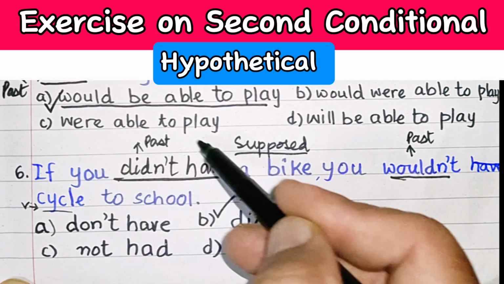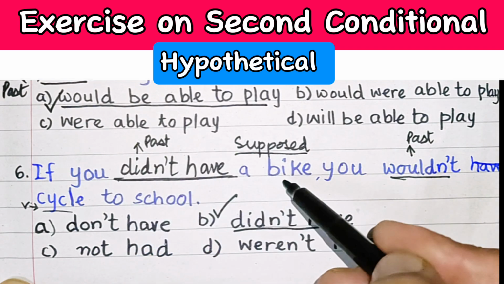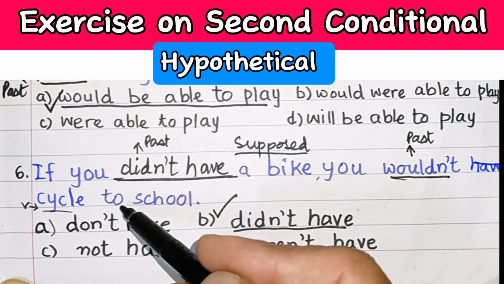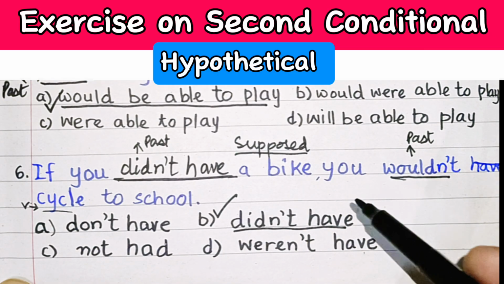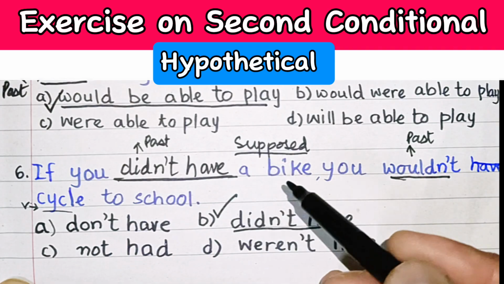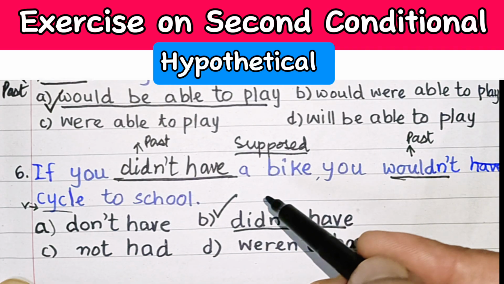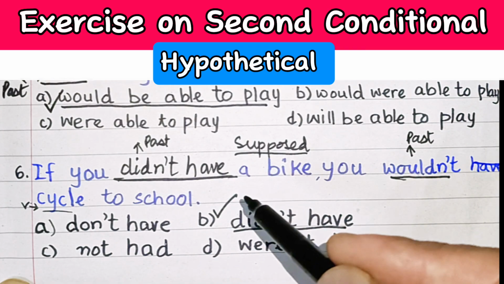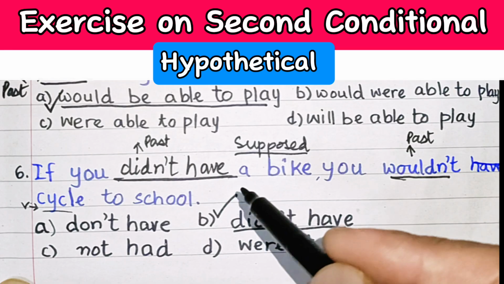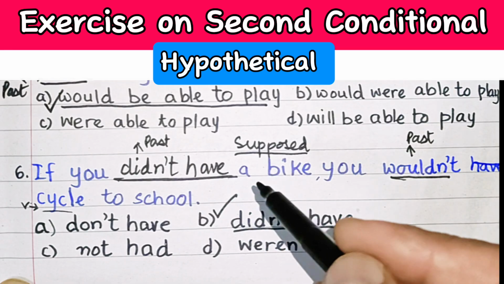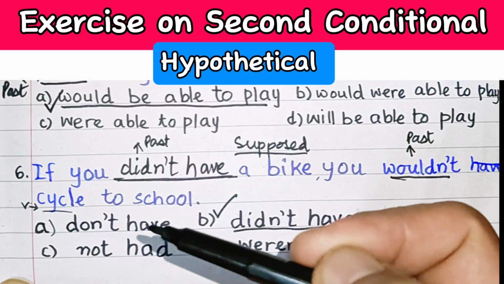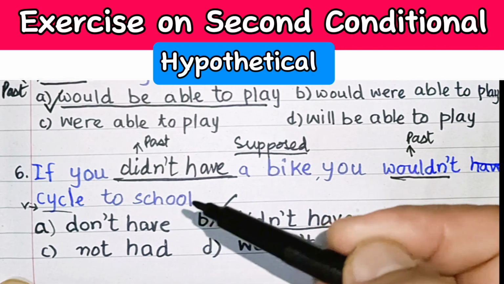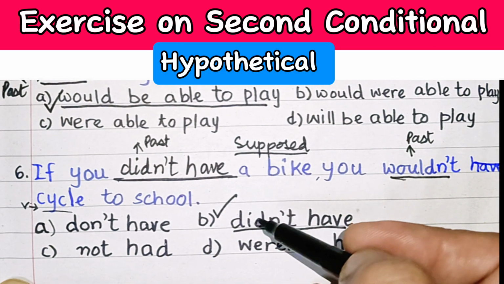But if the situation was that you didn't have a bike, you wouldn't be able to cycle to school, means you would not be able to go to your school. So this is again a hypothetical situation. That hypothetical situation is actually something that is out of reach, I mean that has happened now. So that is why we call it supposed past. So hope the concept is clarified to some extent.